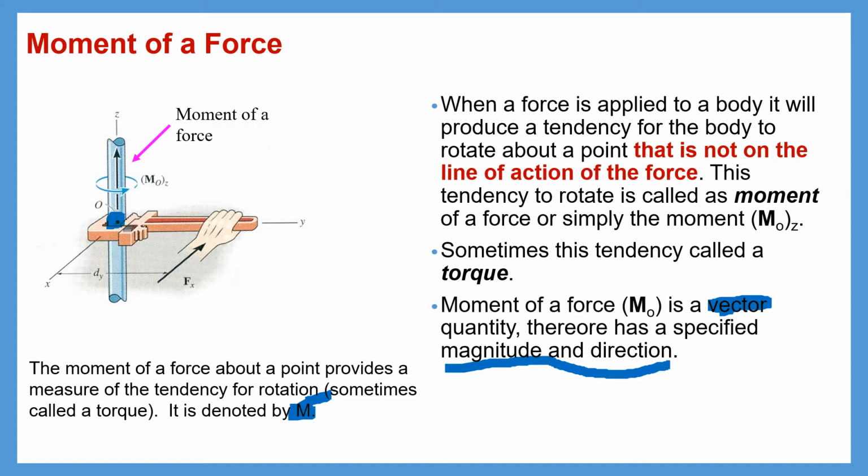For example, in this example, we are applying a force to the wrench here, and this force will generate a moment at point O. As you can see, the yellow color shows the line of action of F, which is not intersecting with point O. So this force can generate a moment, a rotation at point O.